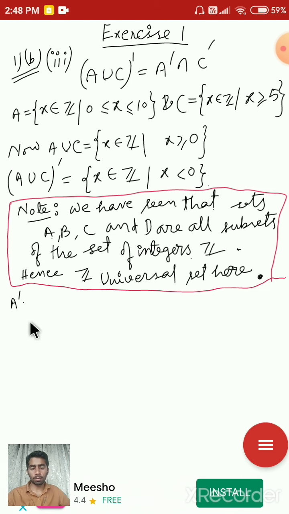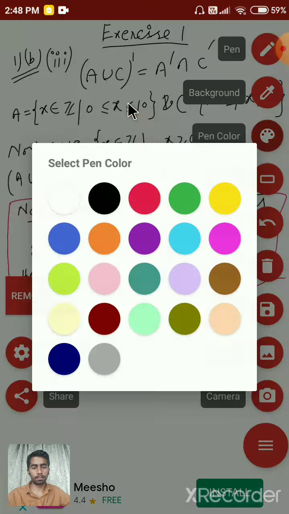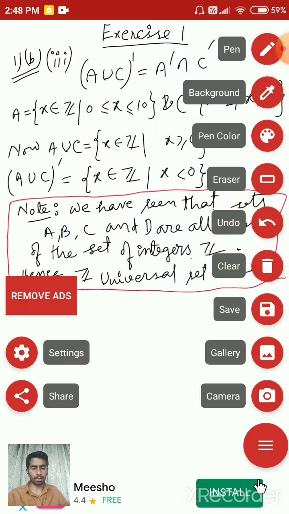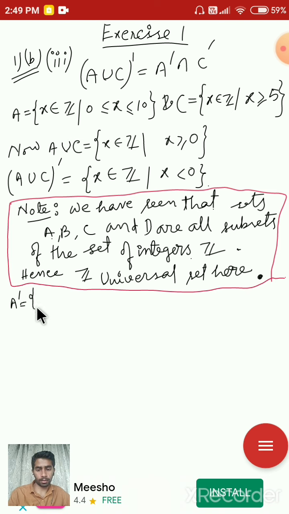We will find the value of A complement, which will be the elements of Z, that is the integers x belongs to Z which are not in A, that is minus infinity less than x less than 0, and above the integer 10, that is 10 less than x less than plus infinity.